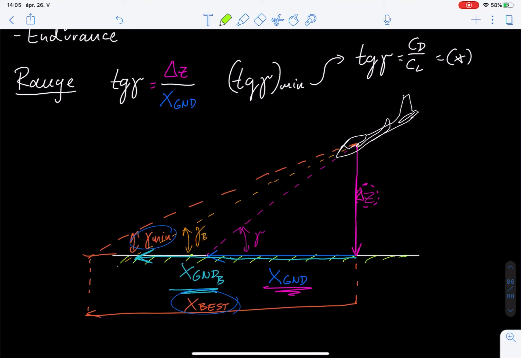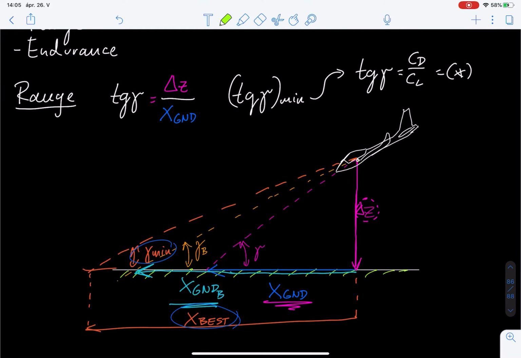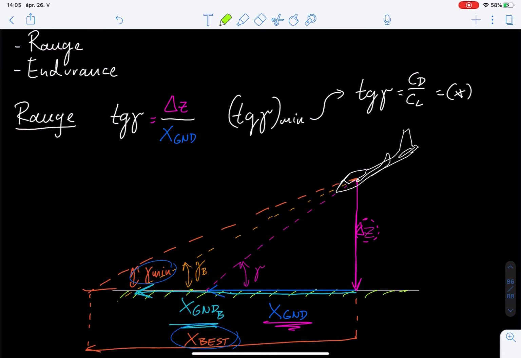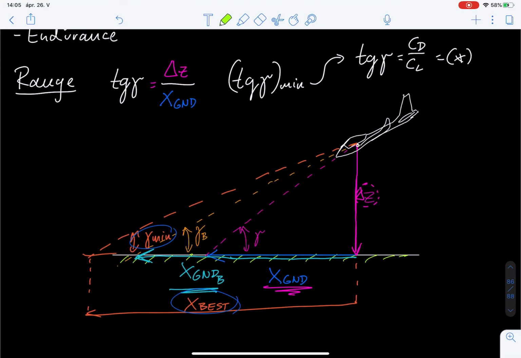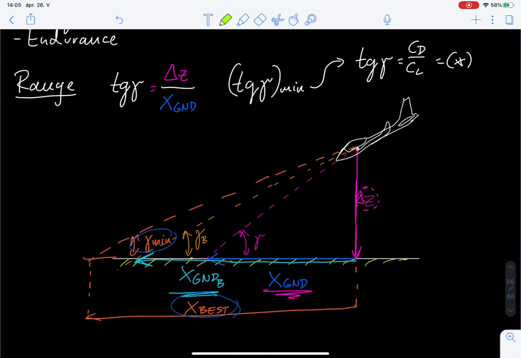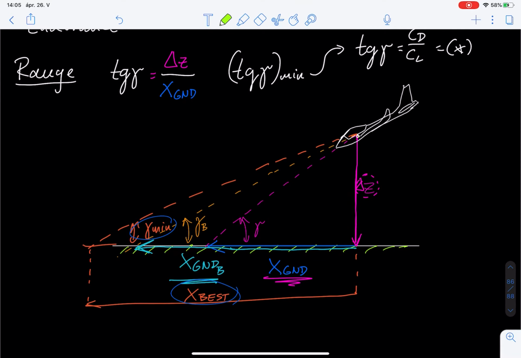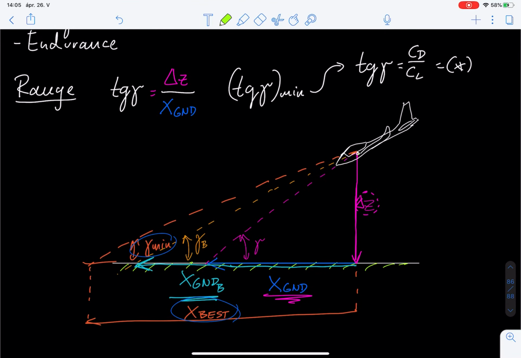Because if you maintain any speed other than the optimum gliding speed, or the best glide speed, as it is usually denoted in the pilot operating handbook of any aircraft, you're going to reach the ground at a smaller range. And if you think about it, in any scenario, whether you're gliding or flying a powered aircraft, your range is the number of options that you have from any specific point of view, right?